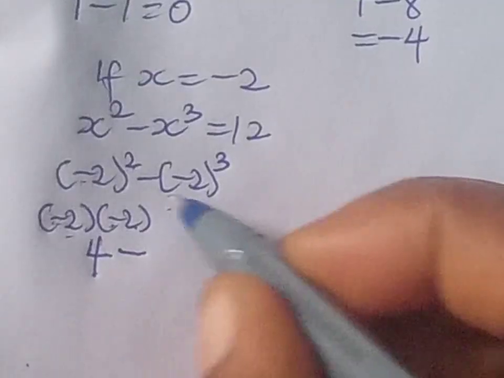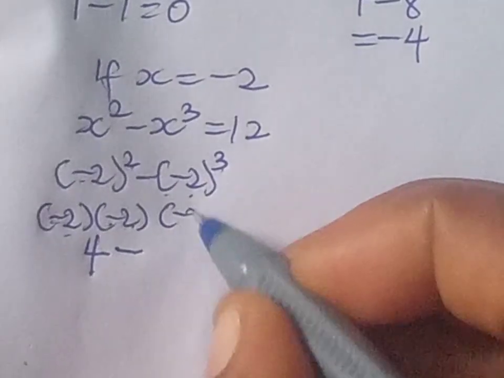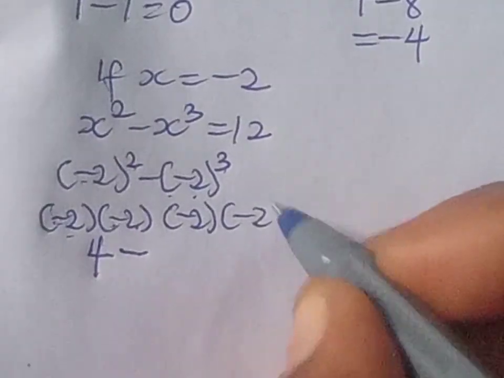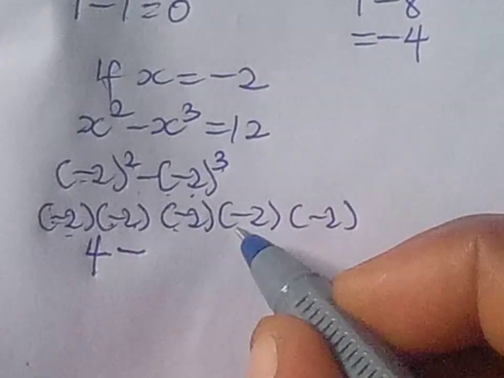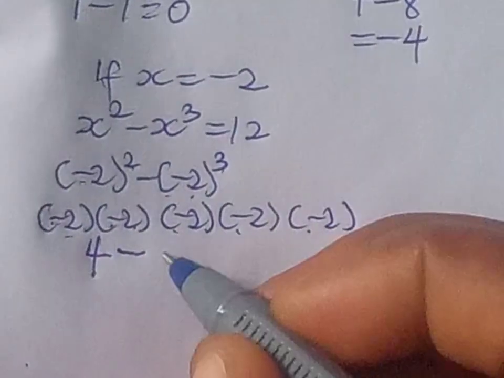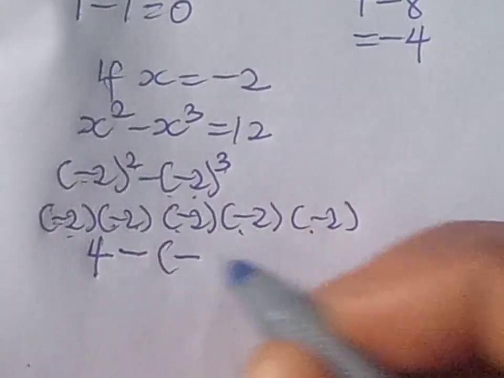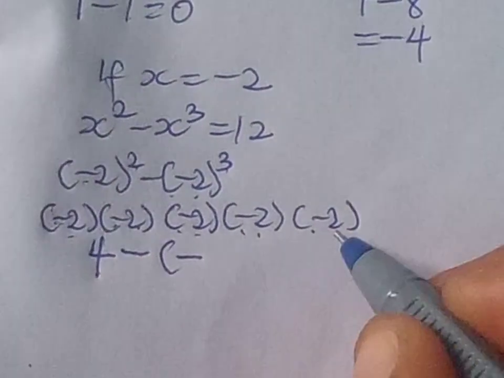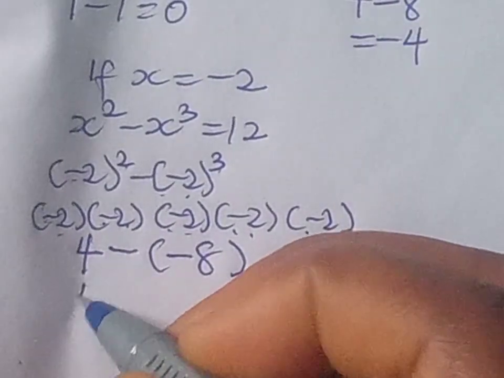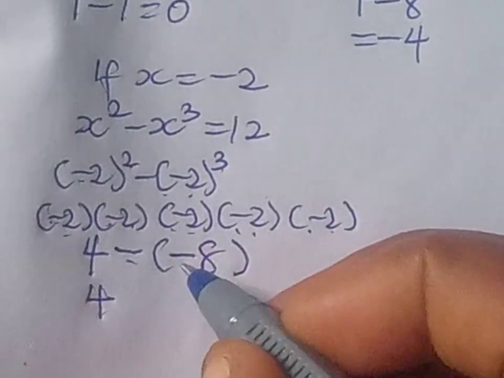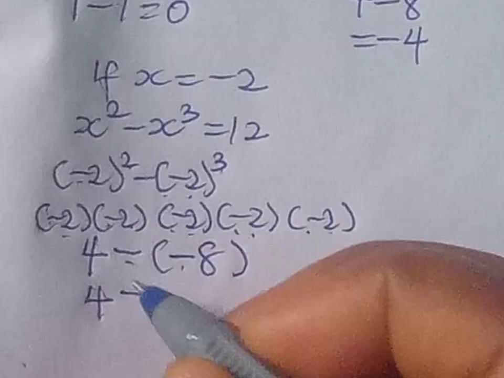Minus 2 cubed means minus 2 times minus 2 times minus 2. Minus times minus is plus. Plus times minus is minus. So we have a negative sign. 2 times 2, 4. 4 times 2, 8. Which becomes 4, minus times minus is plus. So we have 4 plus 8.